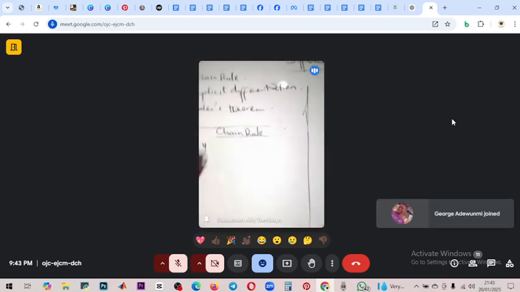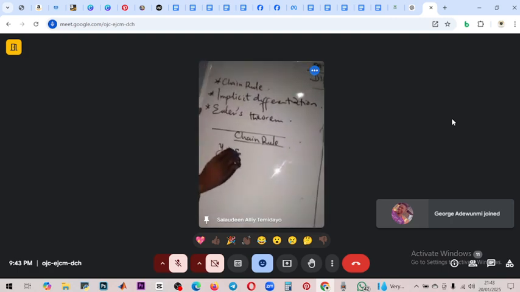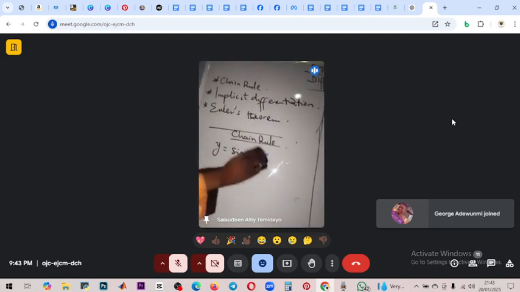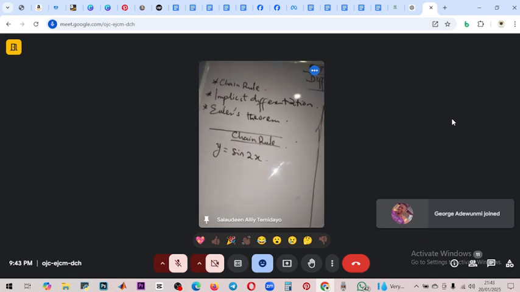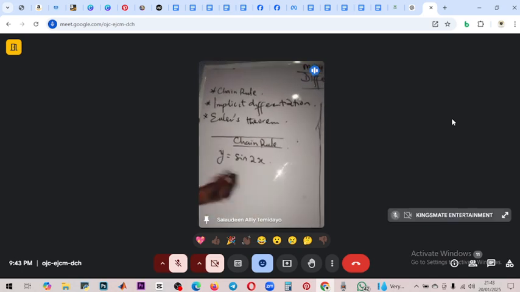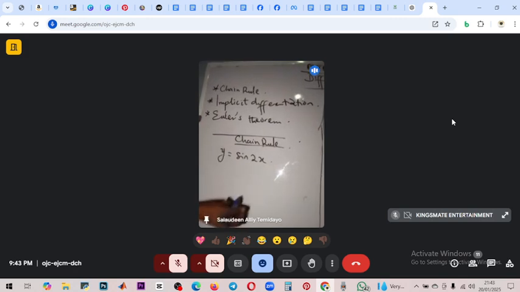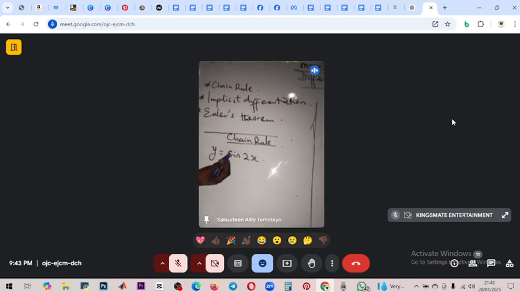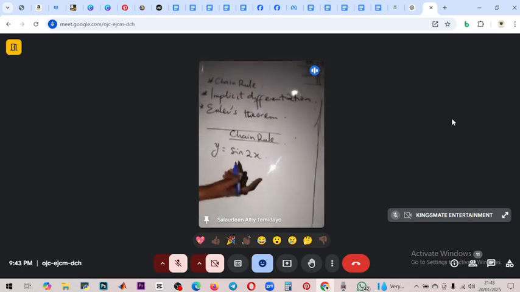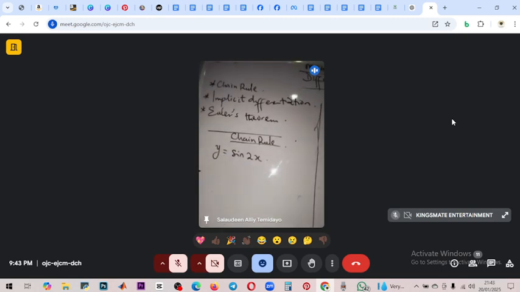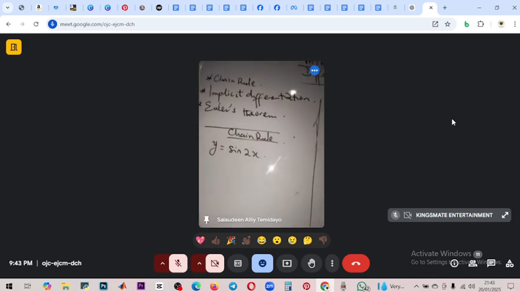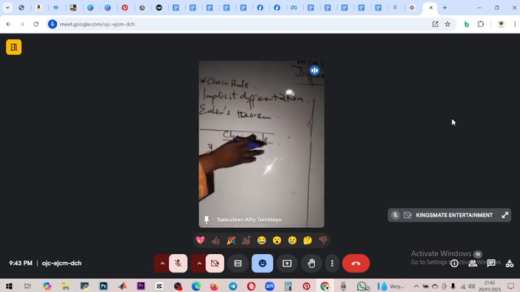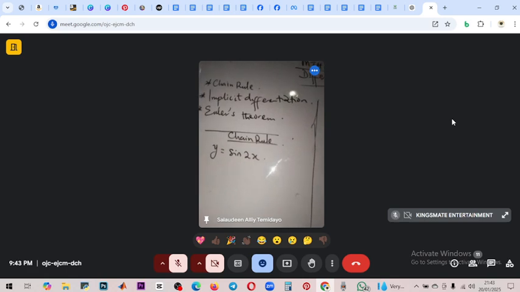If I'm given y equals sine 2x, 2x is already a function of x, that is multiplying x by 2. Now another function enters, that is the sine of 2x. This is a composite function. It is a function of a function. That means I'm going to use the chain rule in this case.